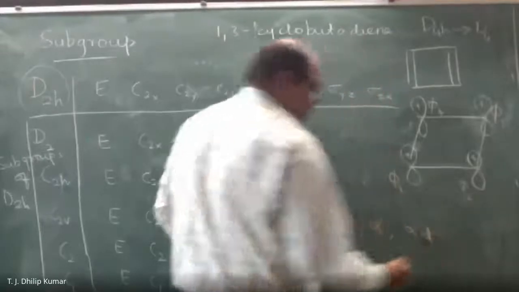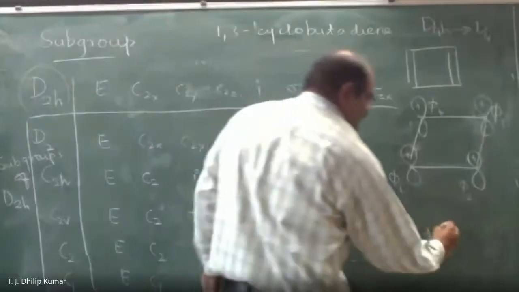Sir, excuse me, sir. Yeah, tell me. Sir, the D4H point group will have a number of subgroups, right? But for finding the symmetry of orbitals, you are saying that we should use the subgroup D4. So can we use other subgroups?